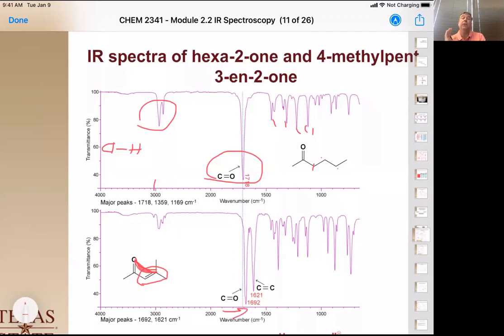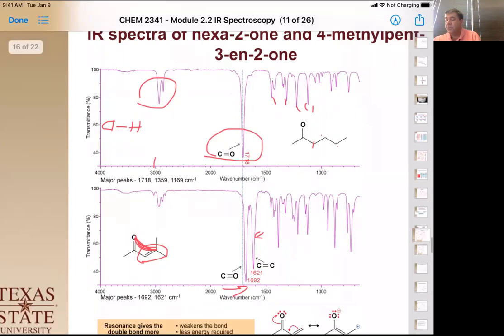Our carbonyl shifts below 1700, and we see the growing in of that new carbon-carbon bond right at 1600. So we can differentiate between just a regular ketone and a conjugated unsaturated ketone, where we have just added an alkene to the system, and that'll delocalize the charge.